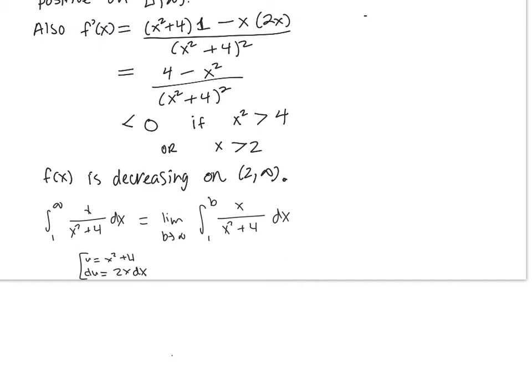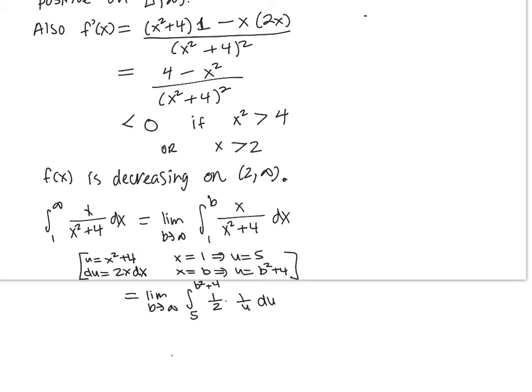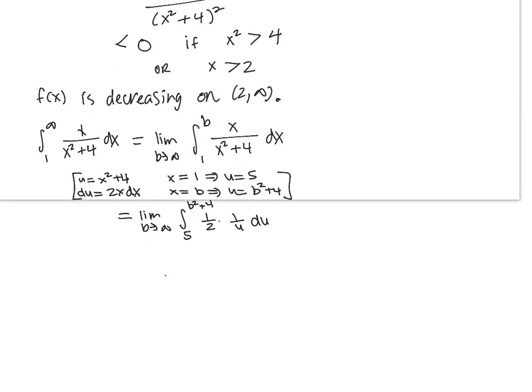We're going to have a 1/2 in there. If x equals 1, then u becomes 5. And if x equals b, then u becomes b squared plus 4. I know it's weird, just live with it. Limit as b goes to infinity, 5 to b squared plus 4, 1/2 times 1 over u du. It's really not that bad once you get used to it.